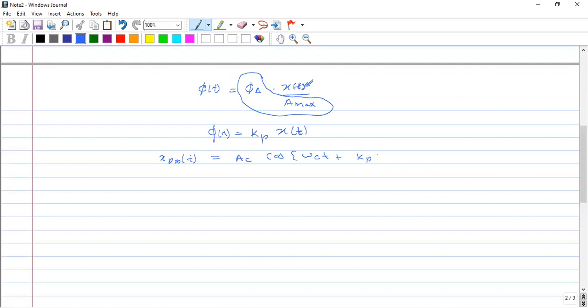We can also write x_PM(t) as A_c cos(omega_c t + phi delta x_n(t)), where x_n(t) is the normalized signal, not the direct message signal. That means the message signal is divided by its maximum amplitude.